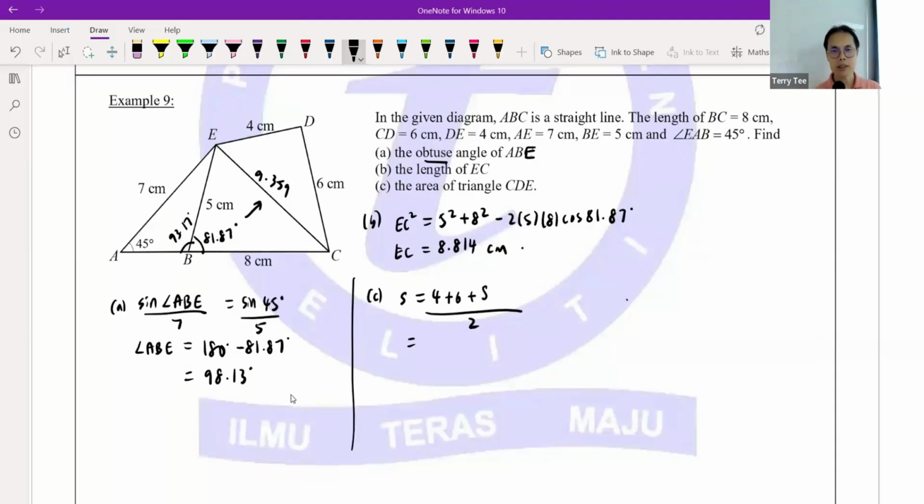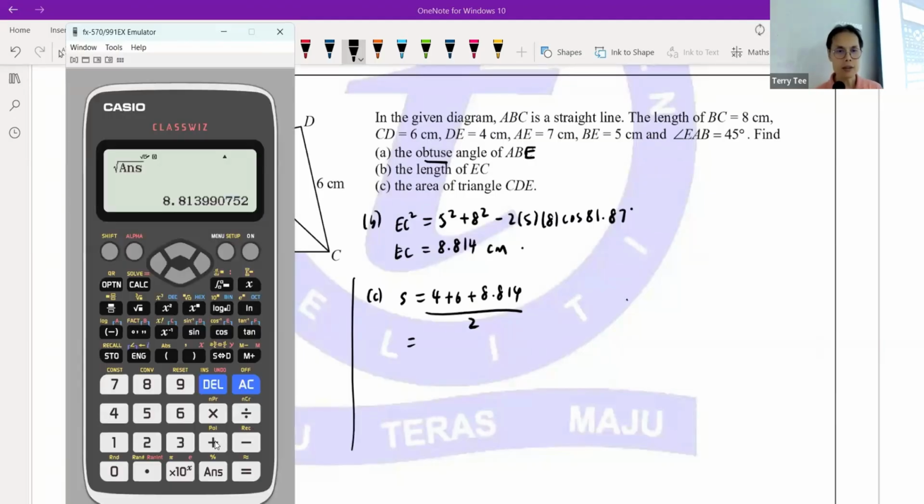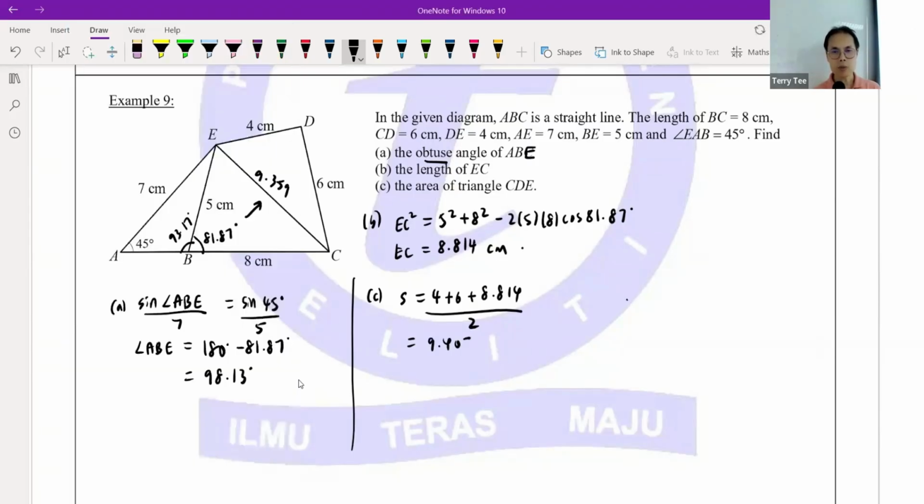So you add this together, 8.814. You need to add 10. I put 10 plus 8.814. Whatever you get, divide by 2. I should have 9.407. Okay, the 9.407 is your semi-perimeter.